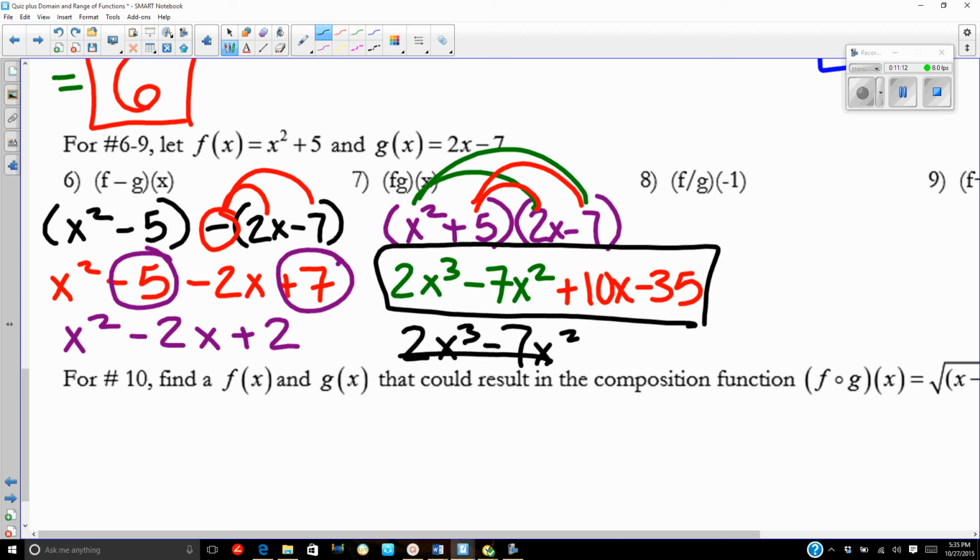Actually, that's the answer because there's no like terms. No like terms, so we're done.